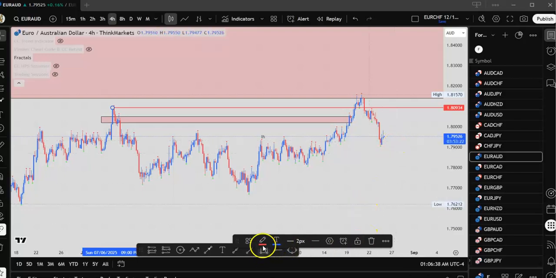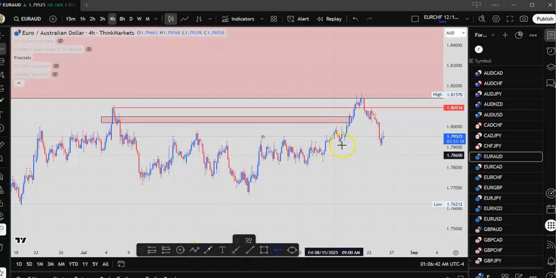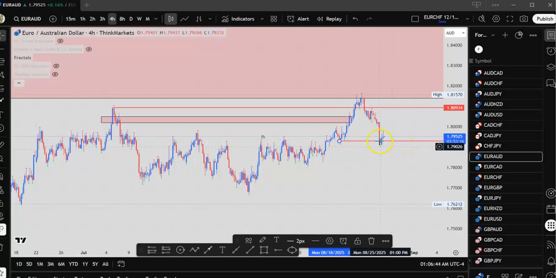You could also make a case, saying, hey, there's a break of structure right over here. Doesn't that make it a lower low? Yes, you can. So I like to look at it as a bullish trend.